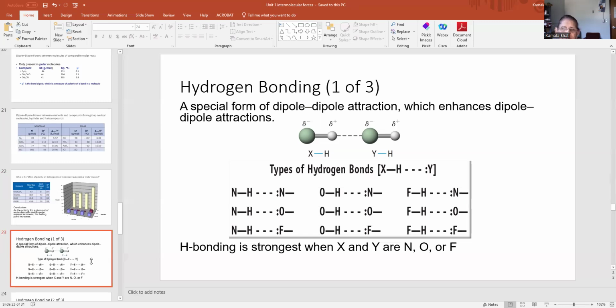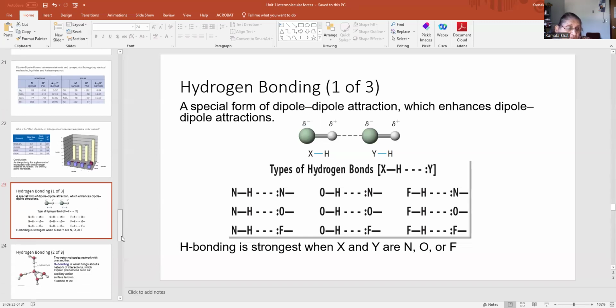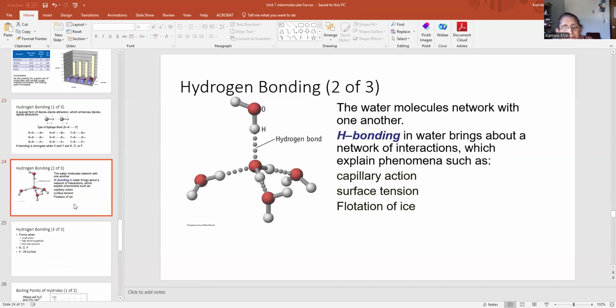The second atom can be nitrogen, oxygen, or fluorine. These 3 atoms are highly electronegative, and H bonding is strongest when X and Y are N, O, or F. Remember, it is between hydrogen and the 3 atoms.